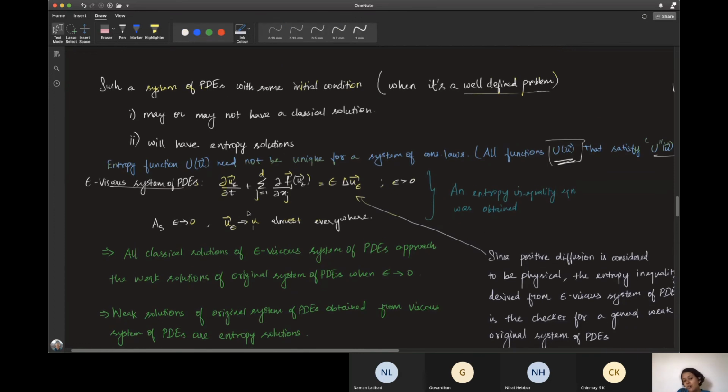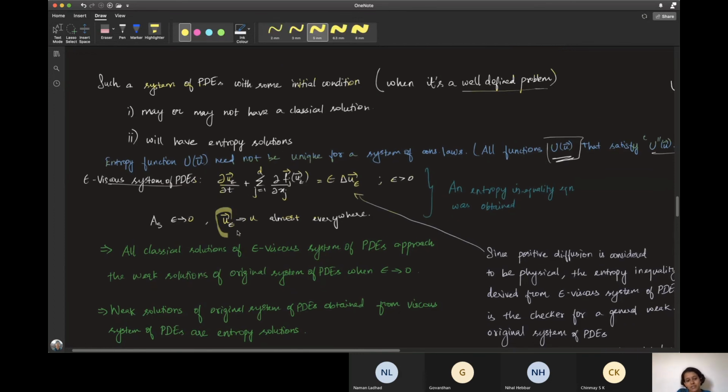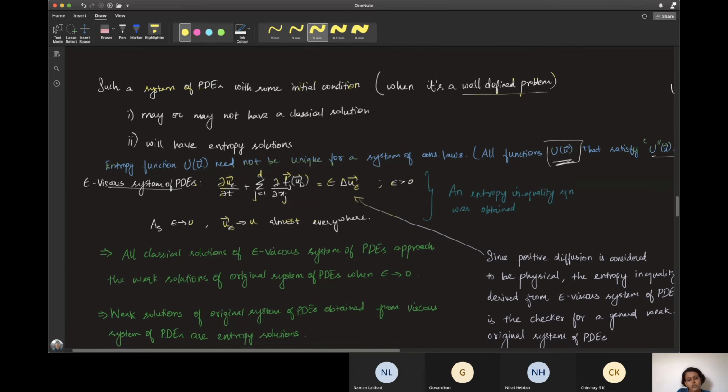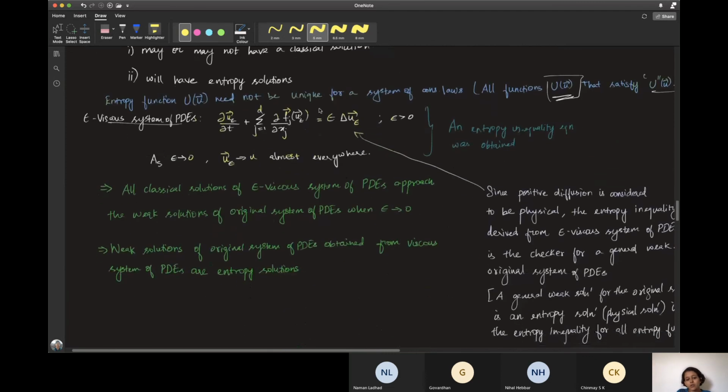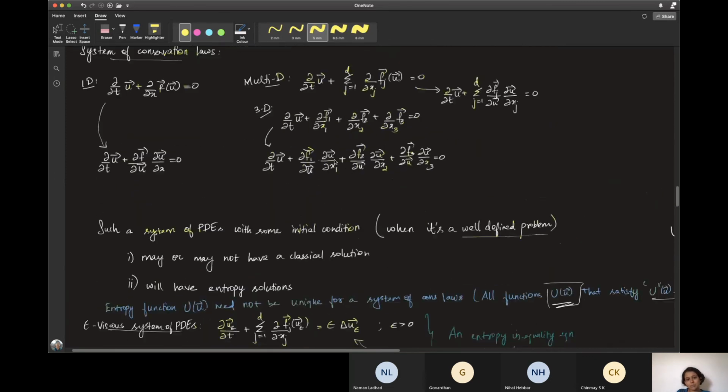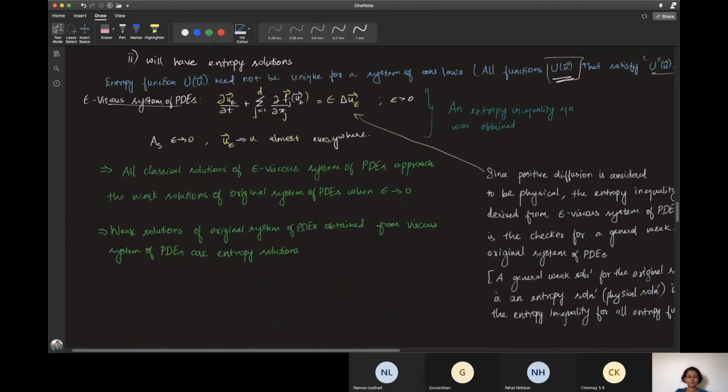They won't approach all weak solutions. Those weak solutions are known as the entropy solutions for this system. I've written that here: weak solutions of the original system of PDEs obtained from the viscous system of PDEs are entropy solutions.